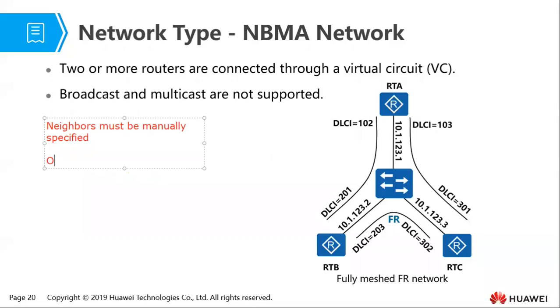Okay, so we just looked at that command. For example, ospf 1, then peer. If we are in RTA, peer 10.1.1.3. Then again you do peer 10.1.2. So this is in RTA, for example. So neighbors must be manually specified. Why? Because multicast and broadcast packets are not permitted.